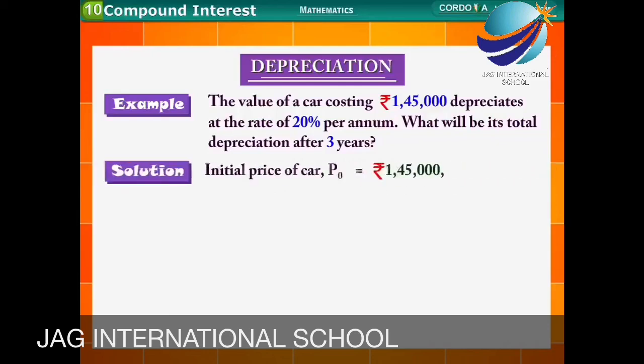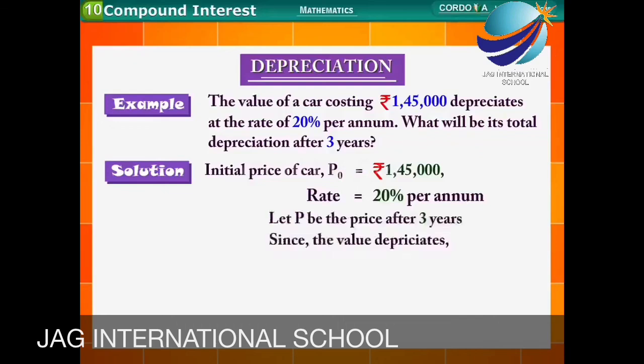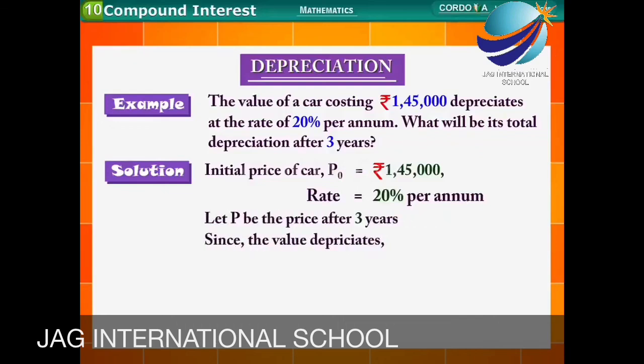Solution. Initial price of car P0 is equal to rupees 1,45,000. Rate is equal to 20% per annum. Let P be the price after 3 years. Since the value depreciates, therefore, P is equal to P0 into (1 minus R upon 100) whole raised to the power T. This implies P is equal to rupees 1,45,000 into (1 minus 20 upon 100) cube.